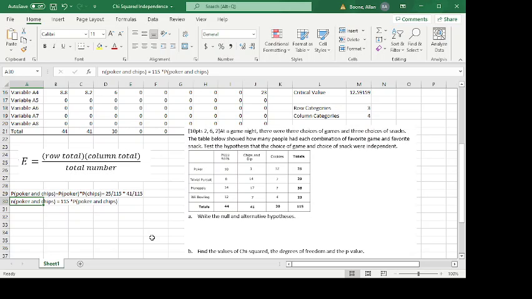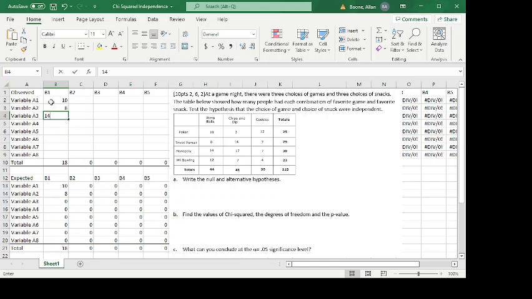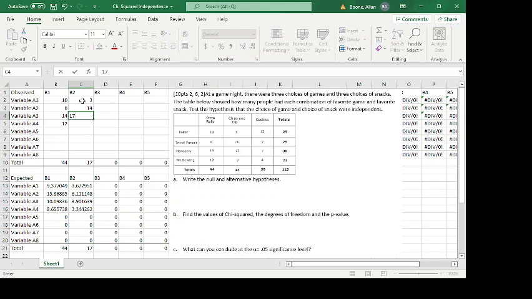All right, so let's go up here and fill in the table with our new numbers. I'm just going to delete all of these values in here, and fill in the values on this chart. Very good.